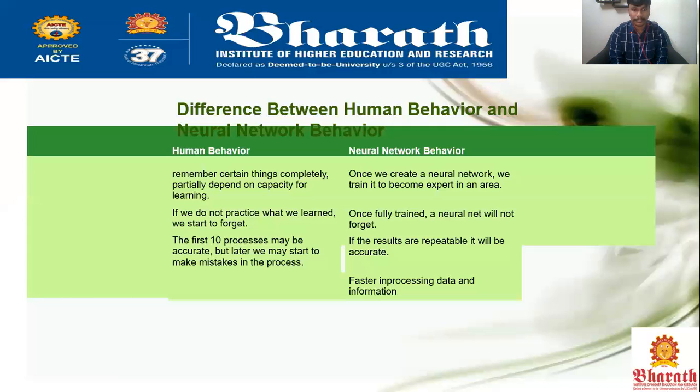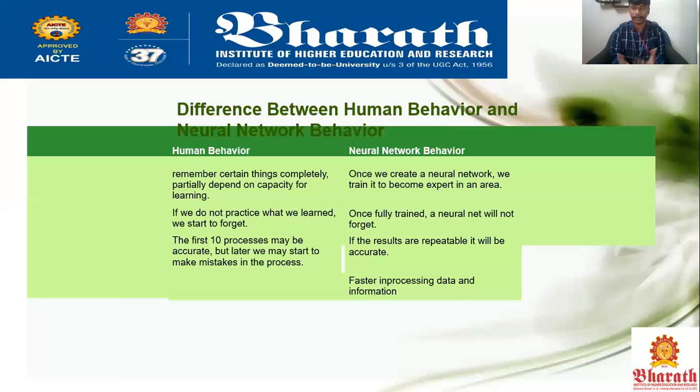And the first ten processes may be accurate in BNN. For a process or function performed by the BNN, the initial ten will be accurate, but later we may start to make mistakes.